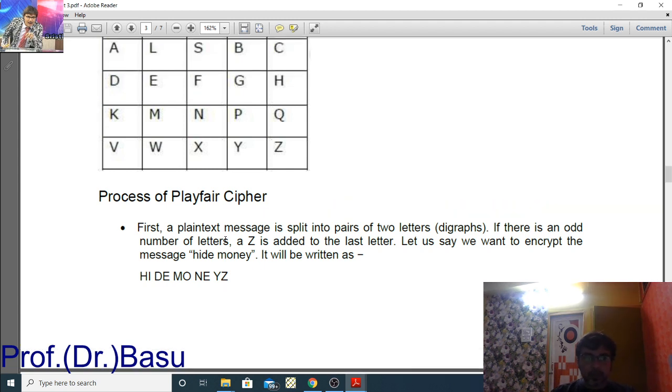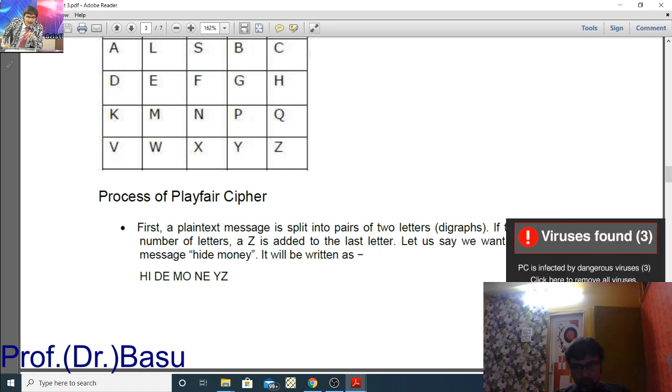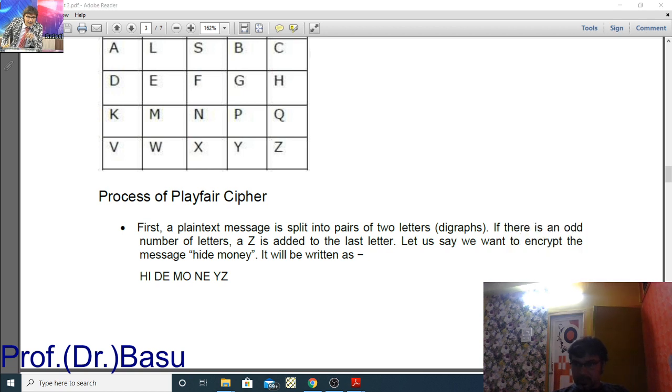The discussion: for the plain text, we are going to have an encrypted message of hide money. For example, we have to split the entire plain text into 2 consecutive characters. So it will come HI, then DE, then MO, then NE.